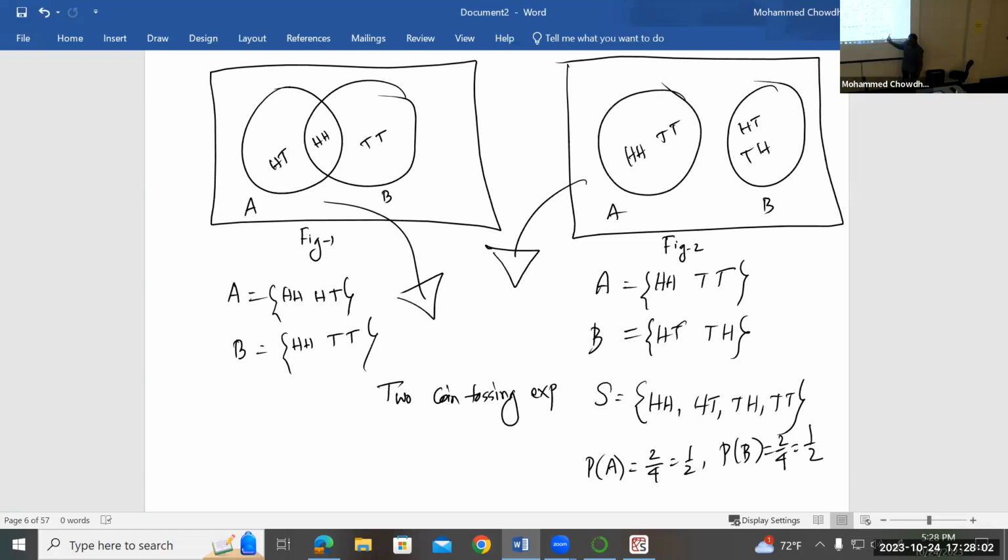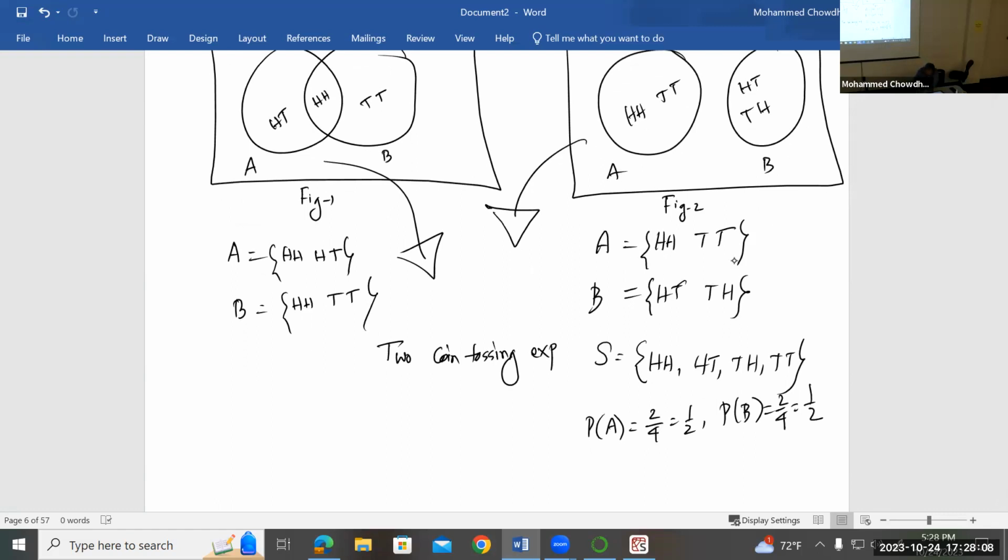Are you understanding? Now, probability of A intersection B equal to what? In this case, what is that? 0, right? Because A intersection B, is there anything common?